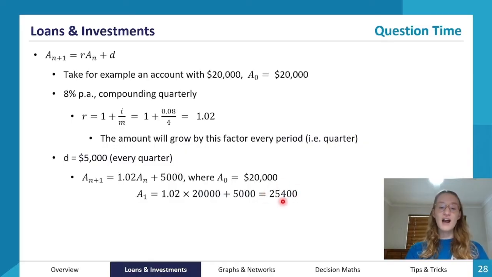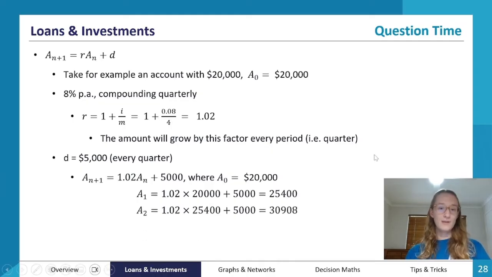So after 1 quarter, the amount in the annuity is $25,400. We can see that $5,000 of that growth has come from the deposit, and $400 of that growth has come from the interest.